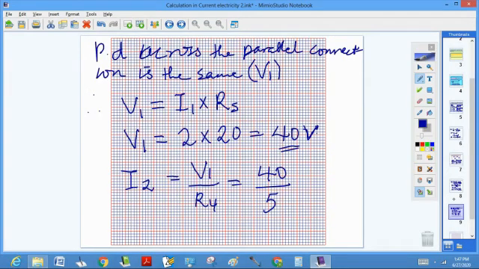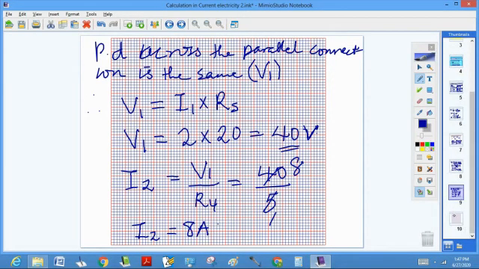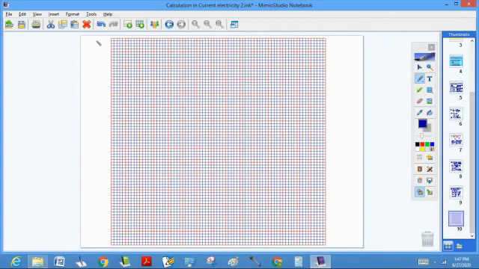That will give us 8, so I2 is equal to 8 amperes. Now moving ahead, we find I, which is equal to I1 plus I2, which is equal to 2 plus 8, and that gives us 10 amperes.